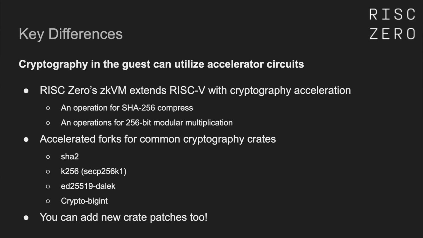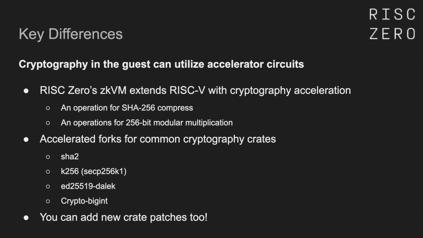In our example before, we went from about 23,000 cycles to about 1,000 cycles for hashing. And then the 256-bit modular multiplication accelerator is especially useful for elliptic curve operations. In order to actually support this usage, we maintain forks of a few common cryptography libraries.